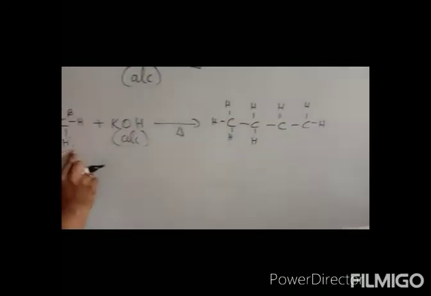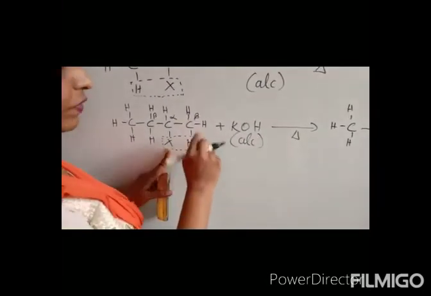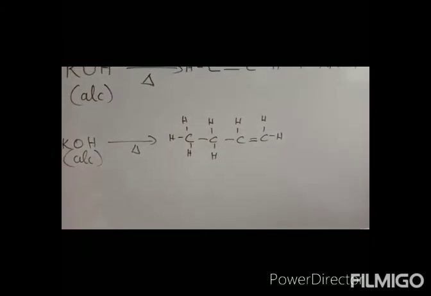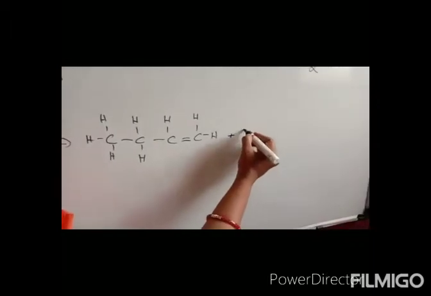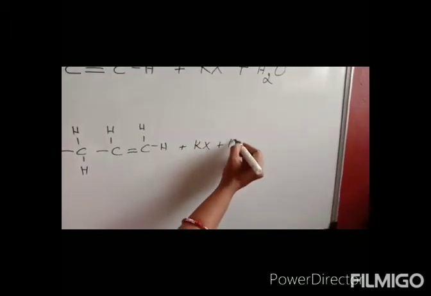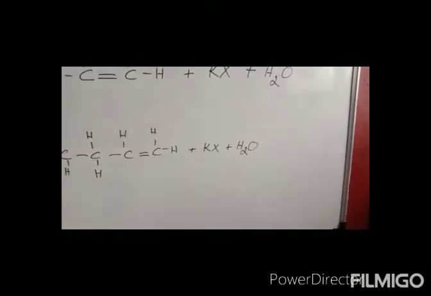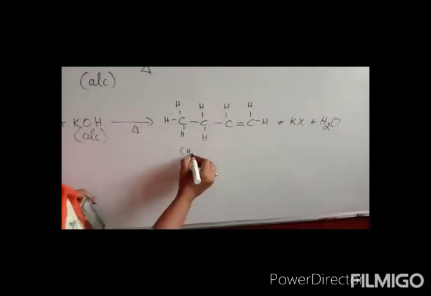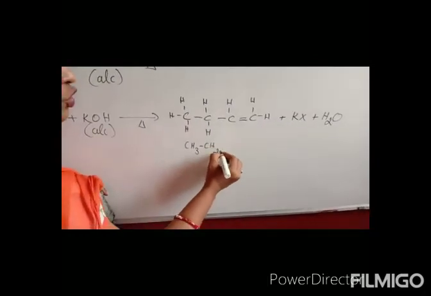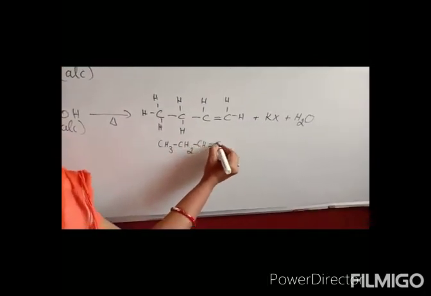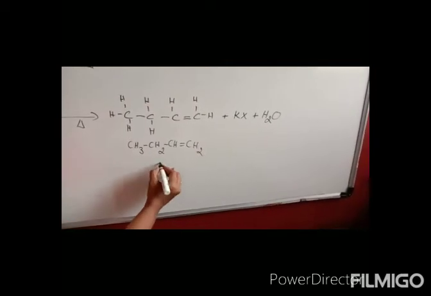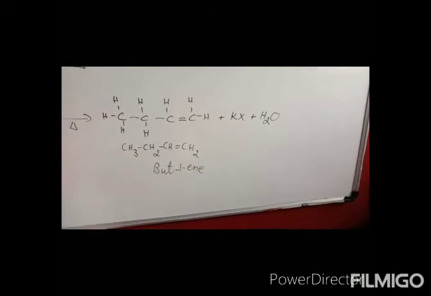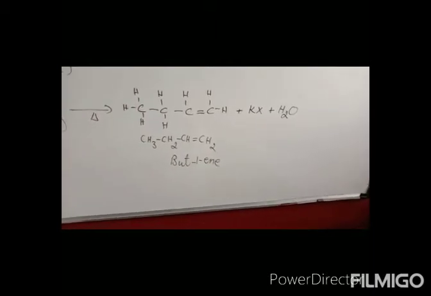I have eliminated the hydrogen for the first and the second carbon, so the double bond is obviously between carbon atom number first and second. The other products will remain the same, that is my KX and H2O. If I write the name of this product in the condensed formula, I have CH3CH2CH=CH2, which is nothing else but but-1-ene. Right?